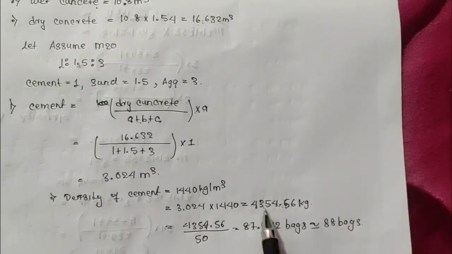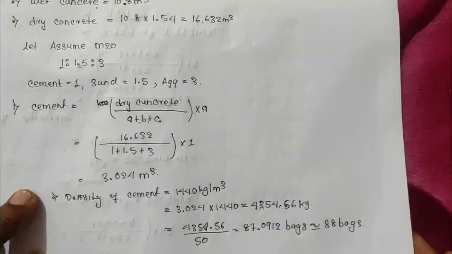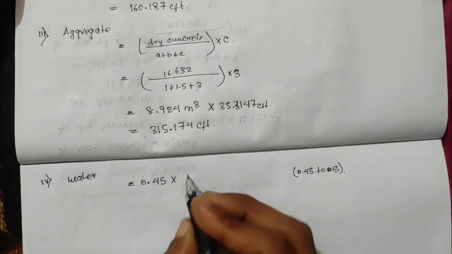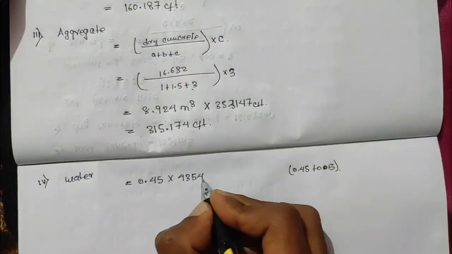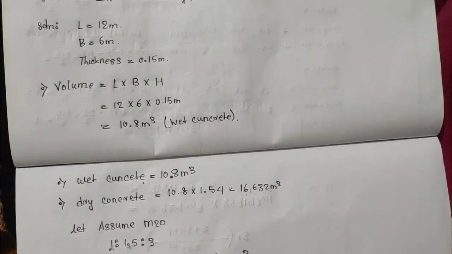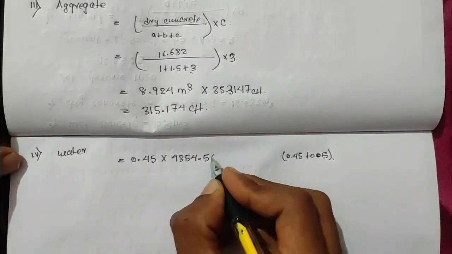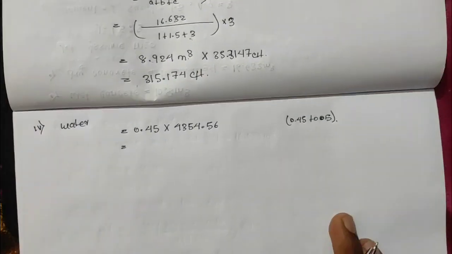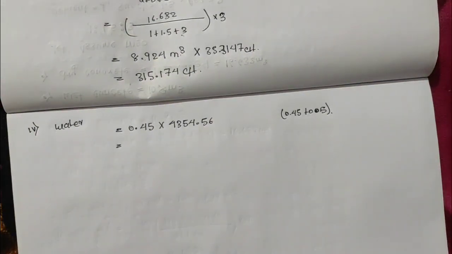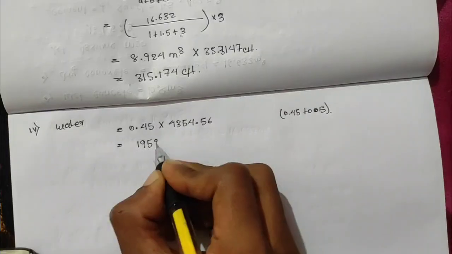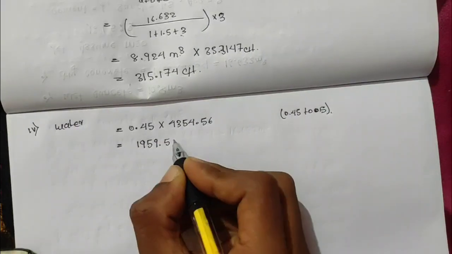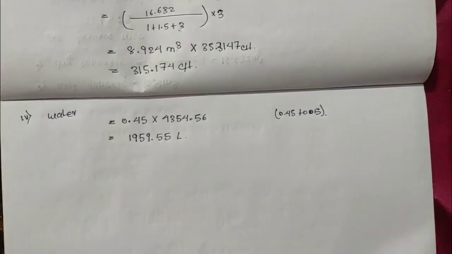So let me multiply 0.45 into 4354.56. We get 59.55 liter.